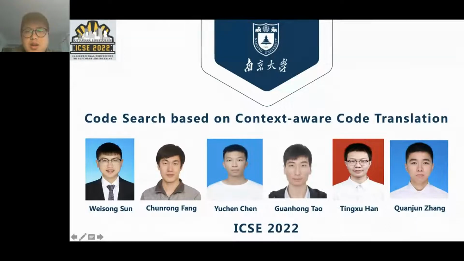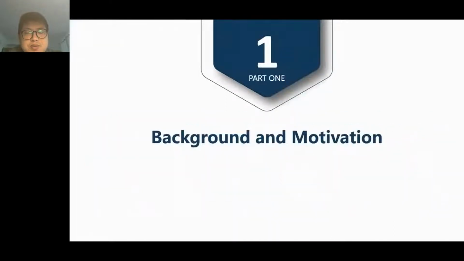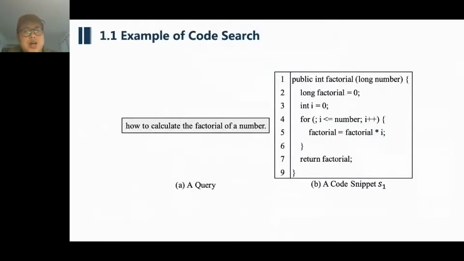Okay, hello everyone. Welcome to my talk. I'm Wei-Song Sun, a PhD student from Nanjing University. It's my honor to have this opportunity to introduce our work, code search based on context-aware code. I will first introduce my motivation and background.